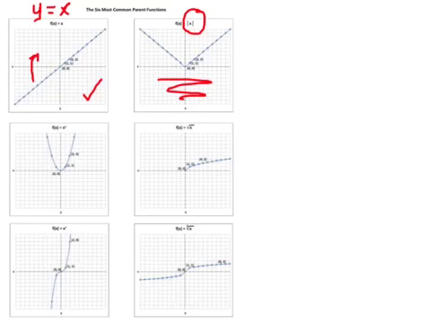Then, the next two are the ones we just looked at, y equals x squared, y equals square root of x. Those look like what we drew before, and then y equals x cubed, and y equals the cube root of x.